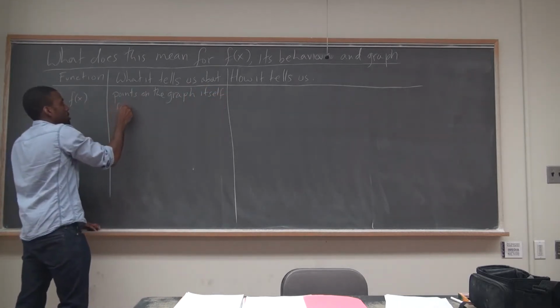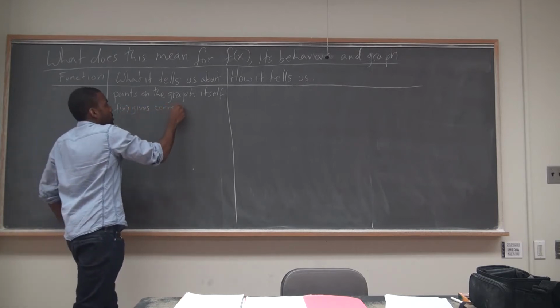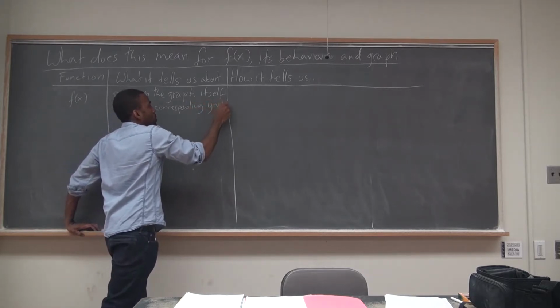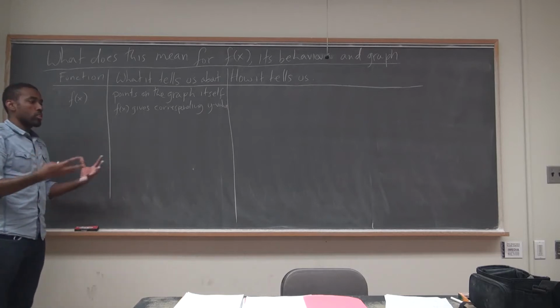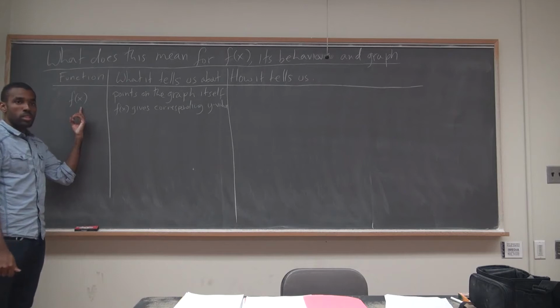F of x gives corresponding y values. Right, so you know that if you're ever in a situation where you want to know about what the function itself is doing, what outputs it's giving you, f of x is the function you should be looking at, right?